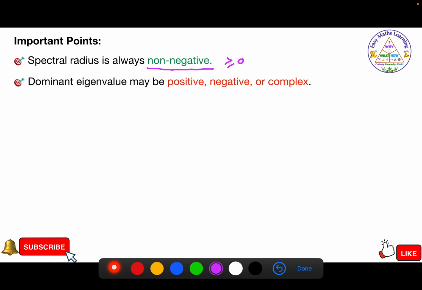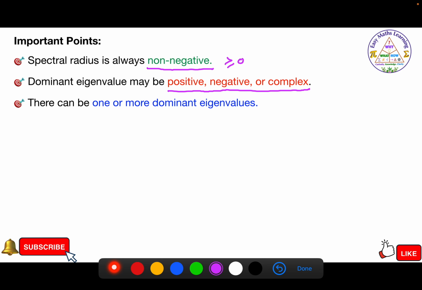Second point is dominant eigenvalue may be positive, may be negative or complex. Okay, so remember in dominant eigenvalue sign does not matter. What matters? Only magnitude.